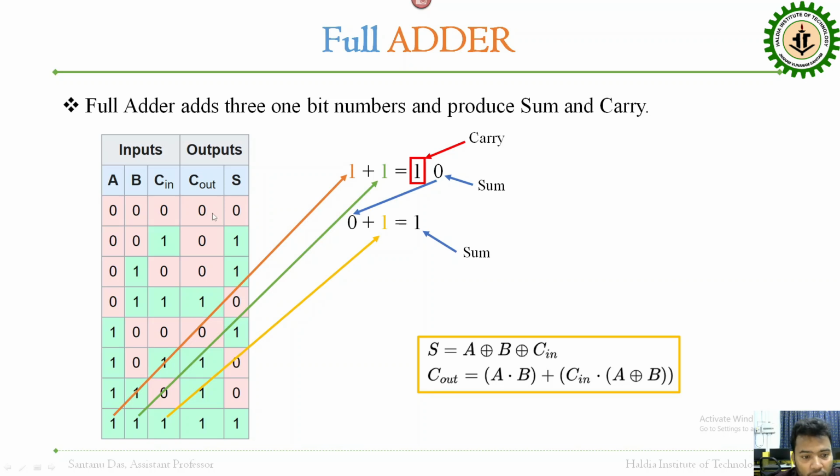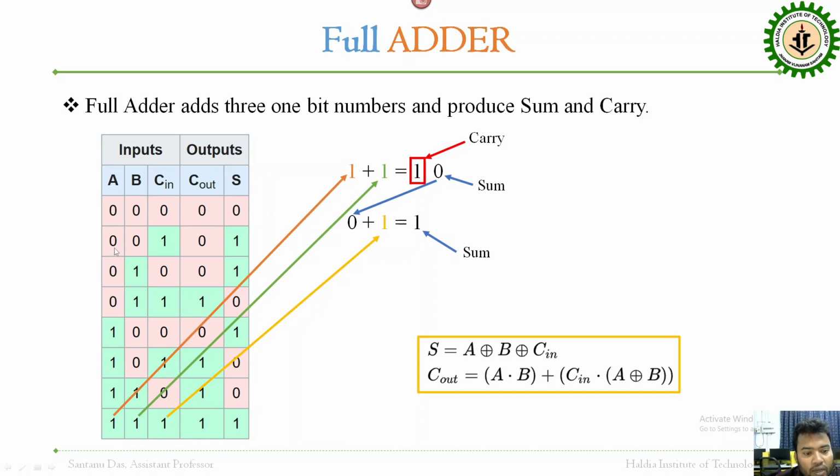Okay, now let's move. First add A and B, which is 0 plus 0, so sum equals 0, carry equals 0. Now with the result of sum we add C in. We already have sum equals 0, adding C in, that means 0, which results in 0 for sum and carry. I hope you understand. Let's discuss another example.